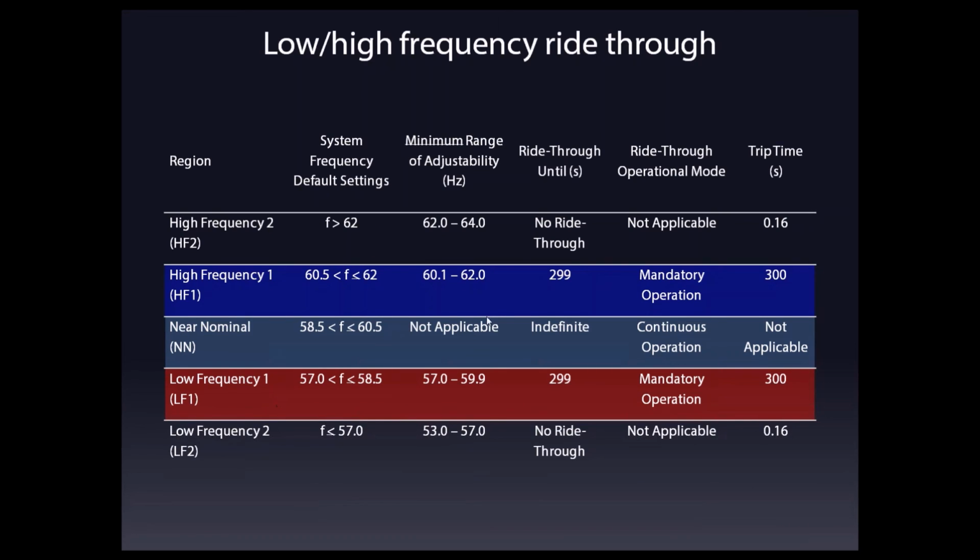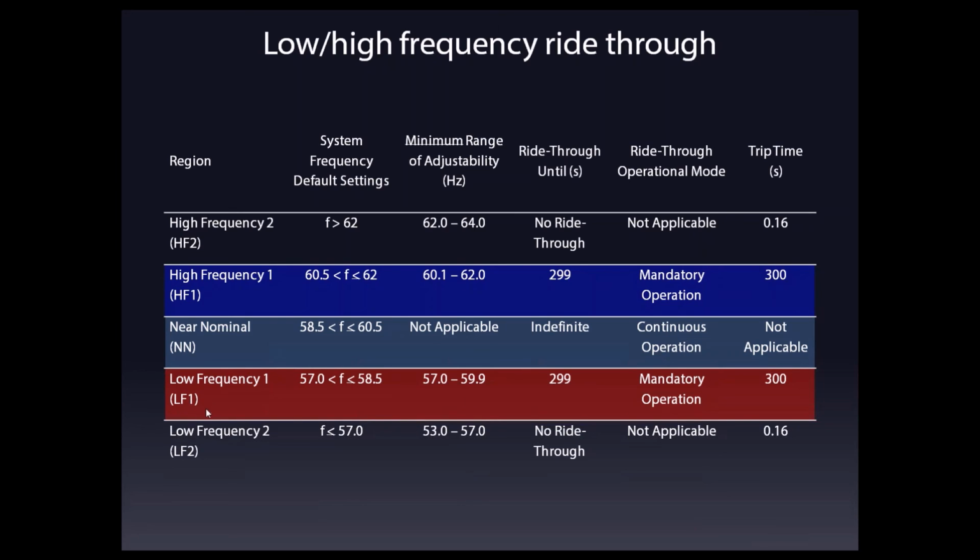So summarized basically in this table, again in high frequency region 1, we have to provide mandatory operation for 299 seconds, and if the high frequency condition prevails, then we have to disconnect before 300 seconds.